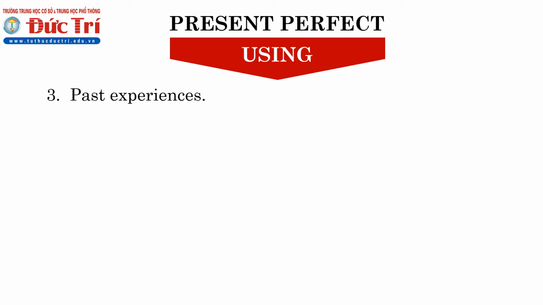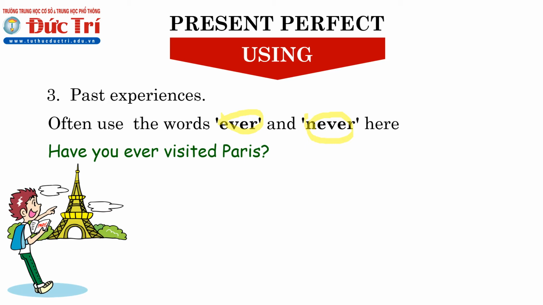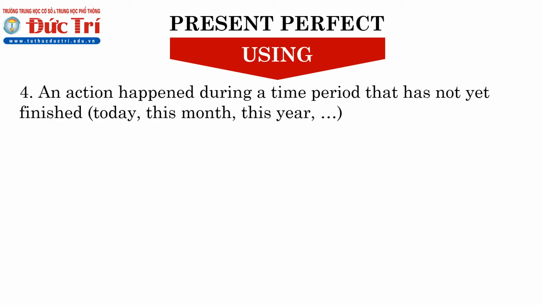For past experiences, in this case, we often use the words ever and never. For example, have you ever visited Paris? I've never visited Paris. Present perfect is used for an action that happened during a time period that has not yet finished, like today, this month, this year.